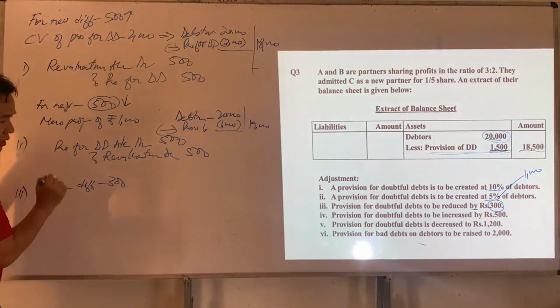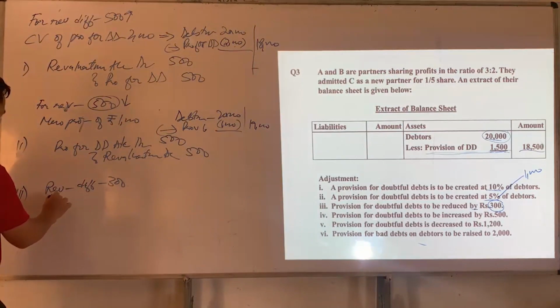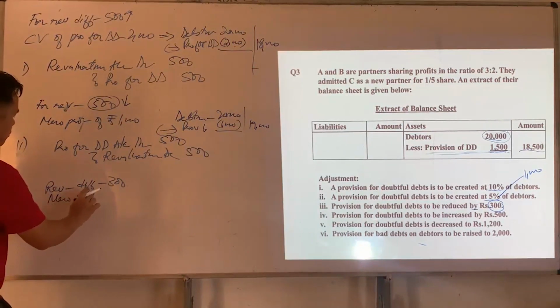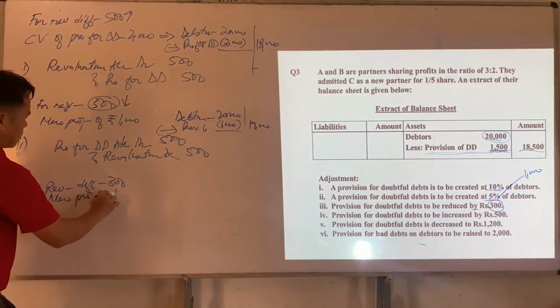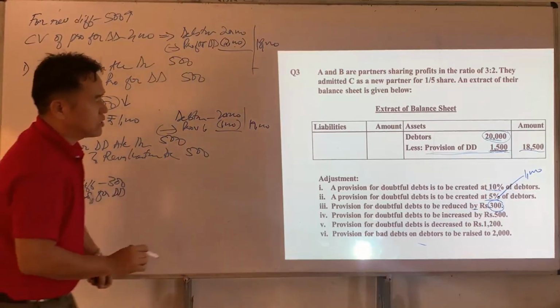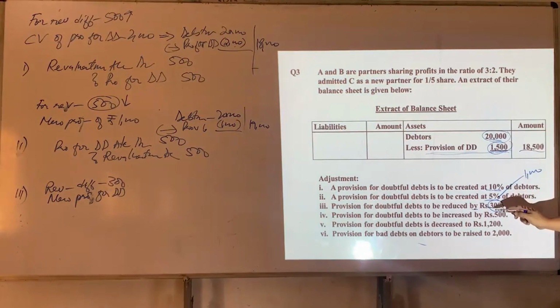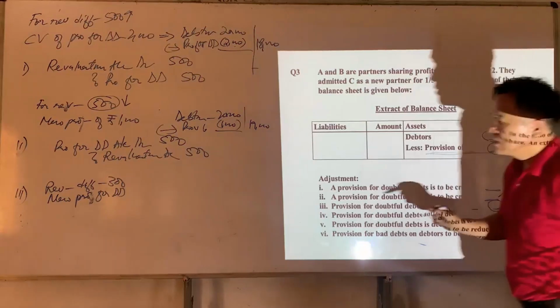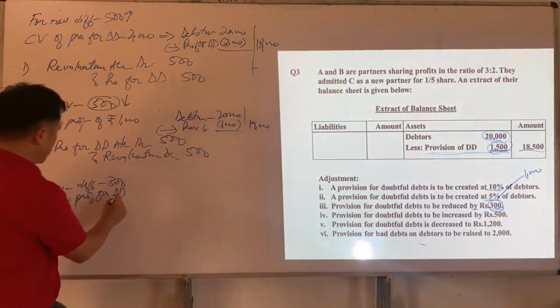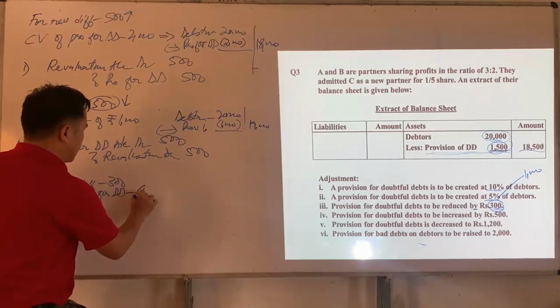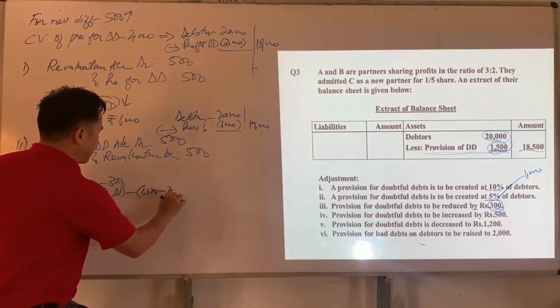Okay. So what is new provision for doubtful debt? Since old provision is 1,500 and it is decreased by 300, so 300 should be deducted from old provision. So how much we get? New provision for doubtful debt will be 1,500 minus 300.